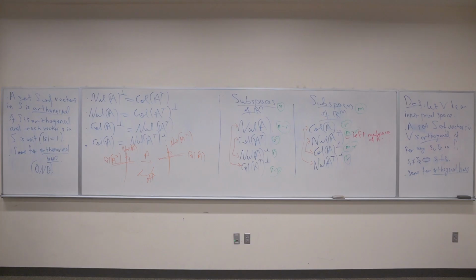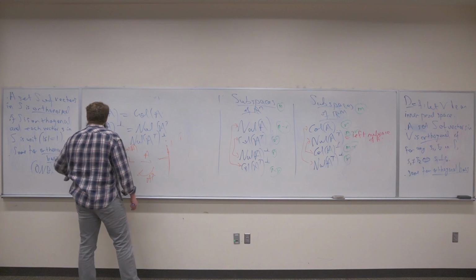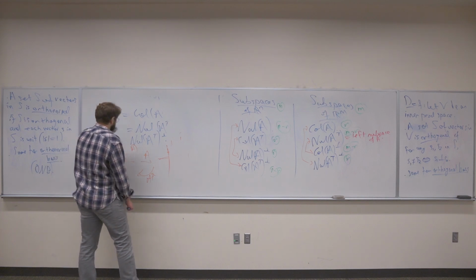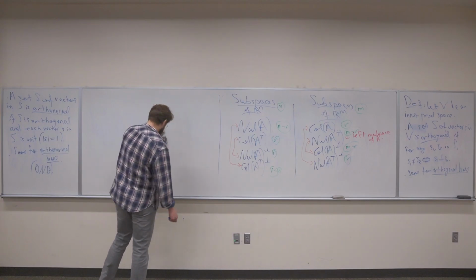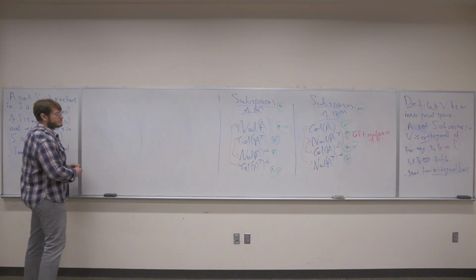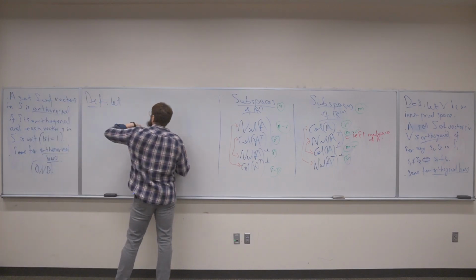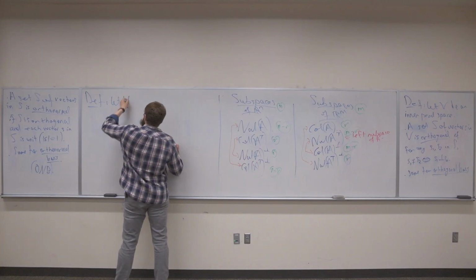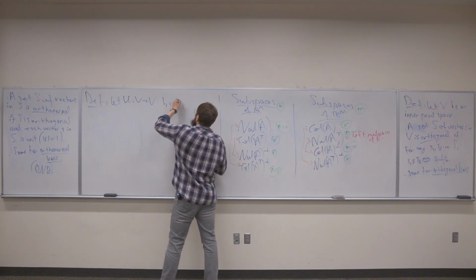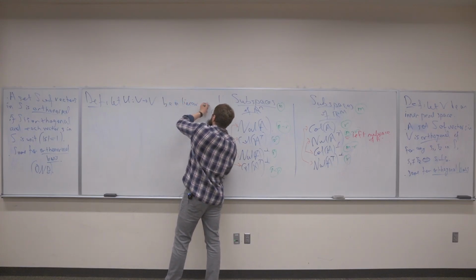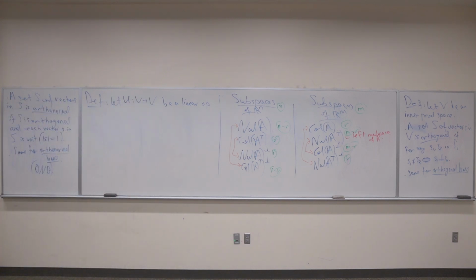Orthogonal matrix or transformation. Let U be a linear operator or matrix, a square matrix.